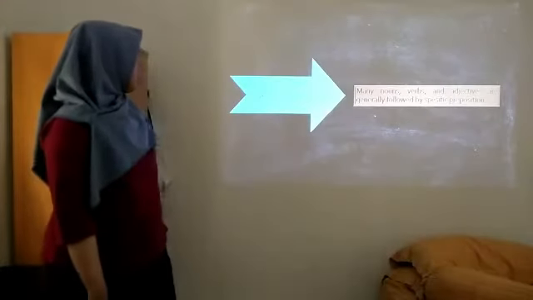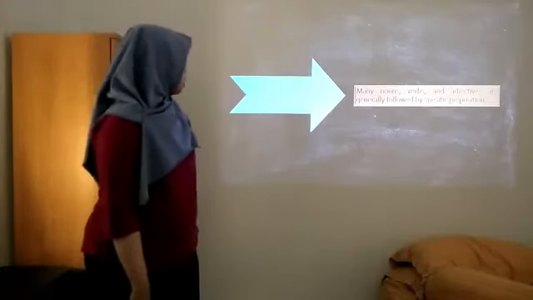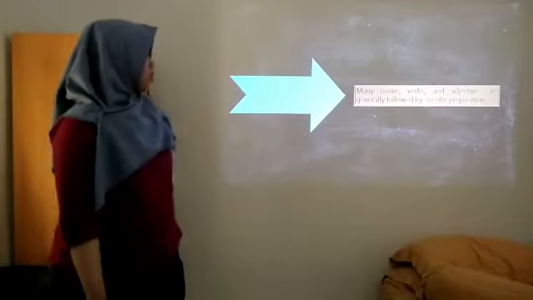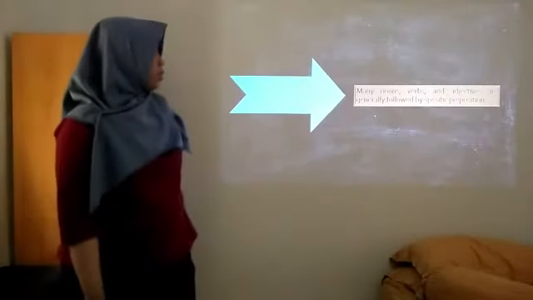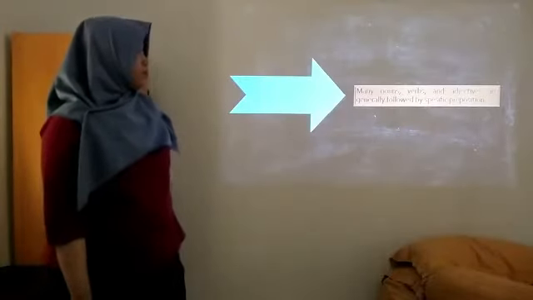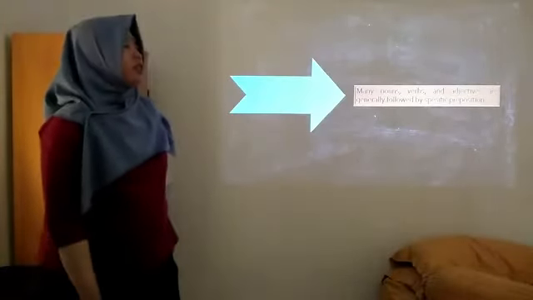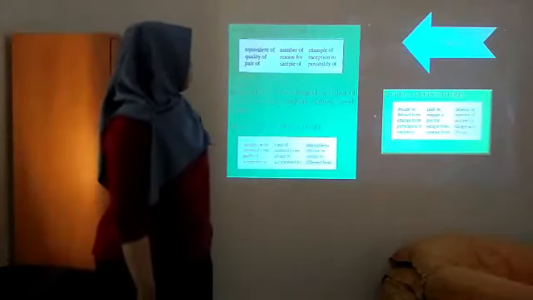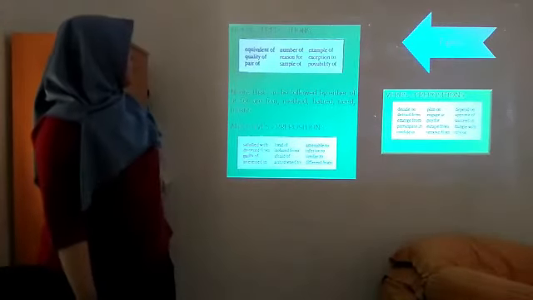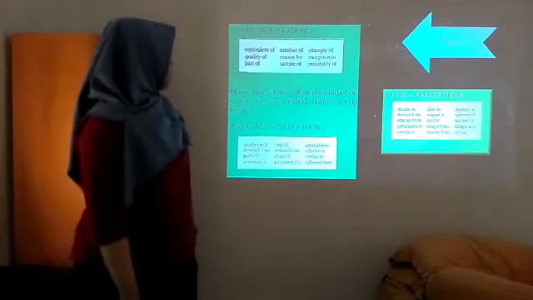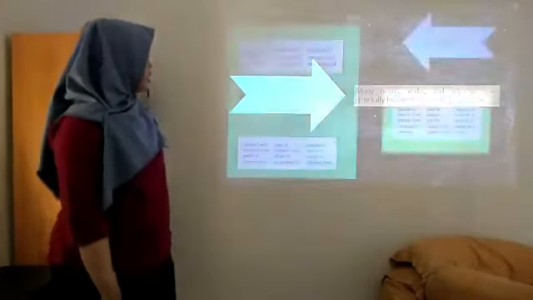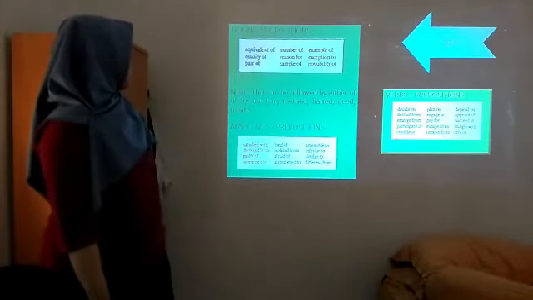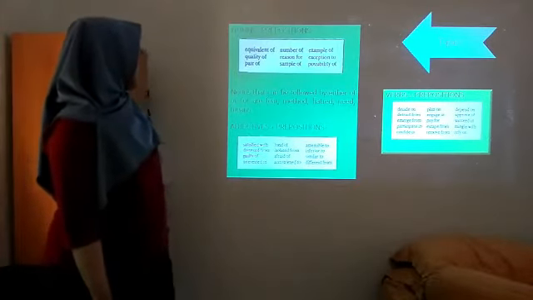And the last is common combination with preposition. Many nouns, verbs, and adjectives are generally followed by specific prepositions. And there are three types of common combination with preposition. The first is nouns and preposition.